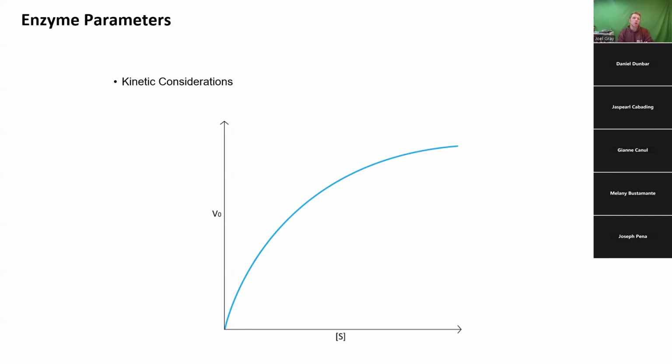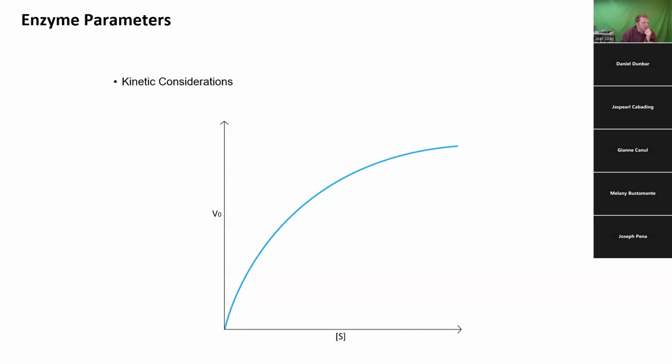Does that look at all like an oxygen binding curve for myoglobin or hemoglobin? It might take a second to dig back. Yeah, myoglobin. This looks a lot like the oxygen binding curve for myoglobin.